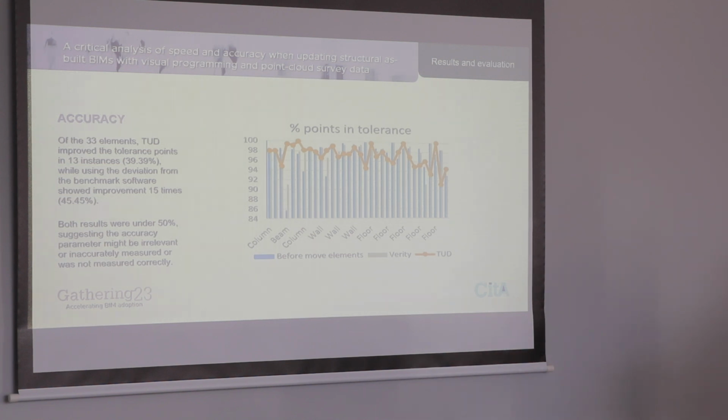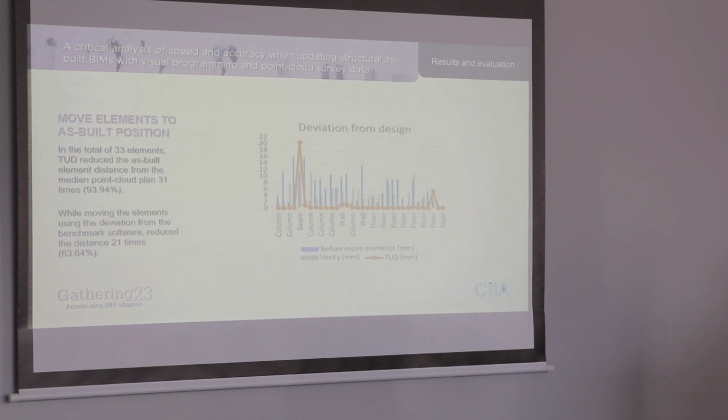So I have another number that is more promising. You see the blue part in the chart is the deviation before moving elements. You see it varies from like 0 to 2, 10, 16.